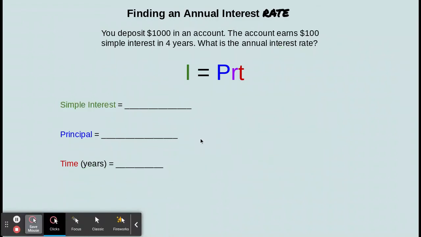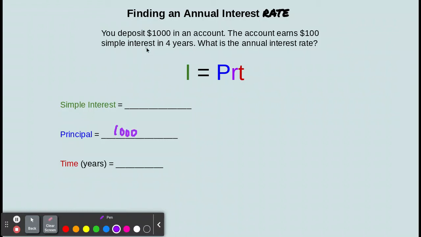Now we can also use this to help us determine what our annual interest rate, R, is. Okay, so in this situation, we deposit $1,000 into our account. That's our principal amount. The account earns $100 simple interest in 4 years.